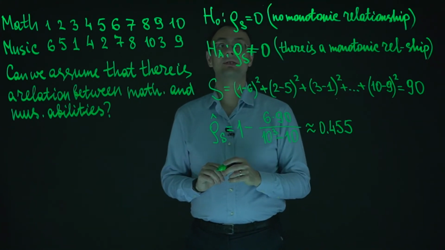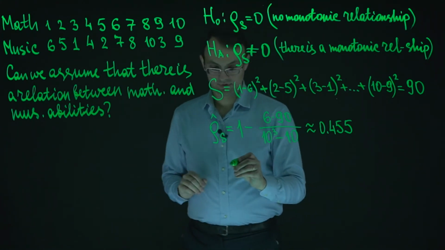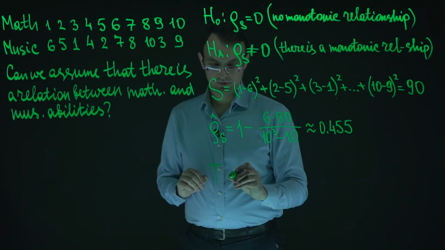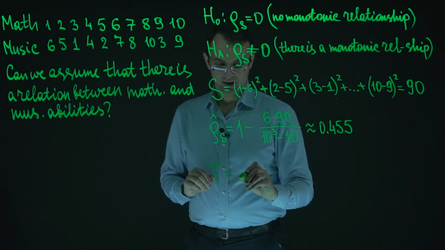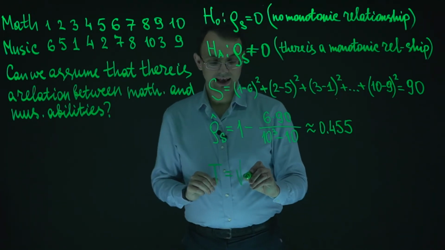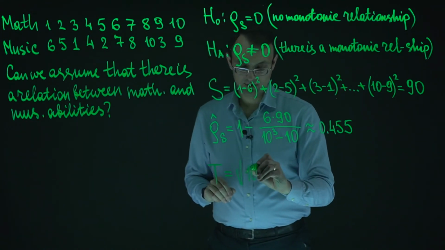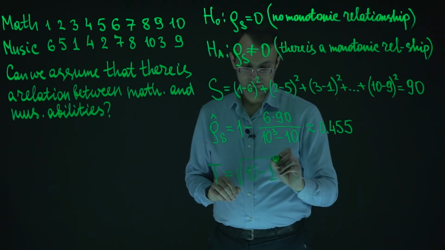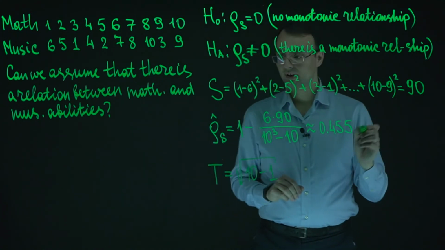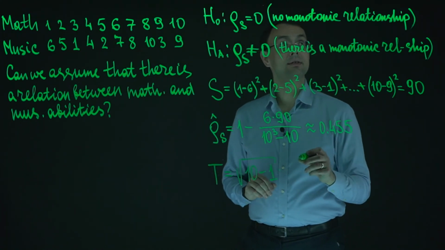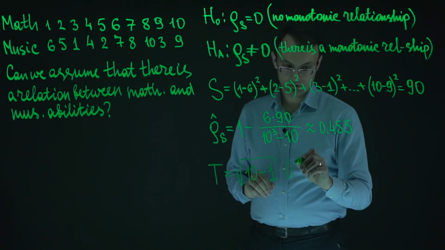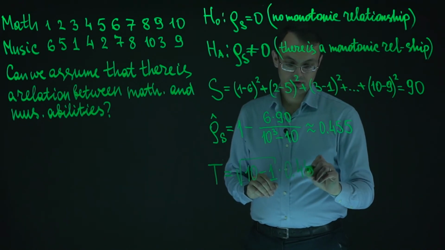So then, the next step is to find the test statistic. The test statistic of the Spearman's test is the square root of n minus 1, that is 10 minus 1 in our case, times the rho hat, times 0.455.